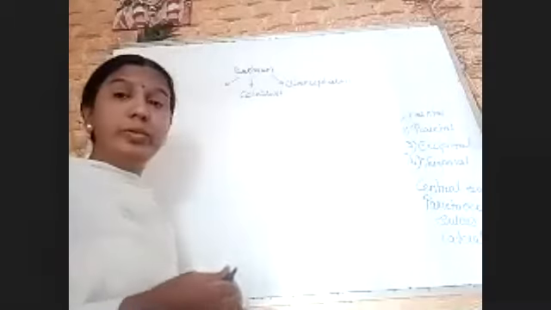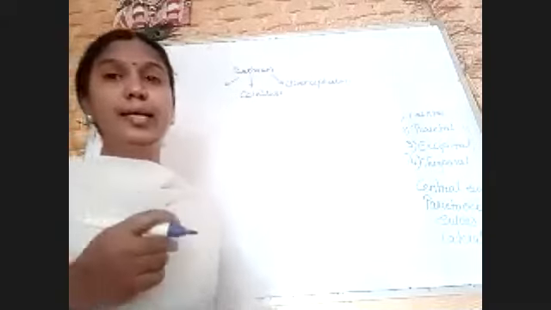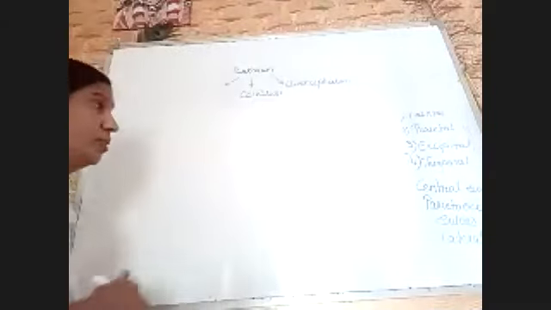So, as I had told you, there are four lobes. So let's see the functional areas which are present in each lobe. Okay.